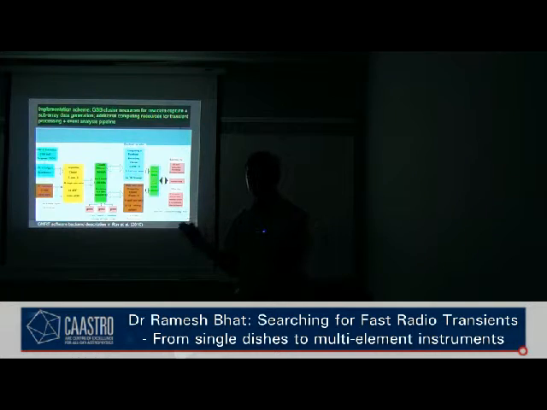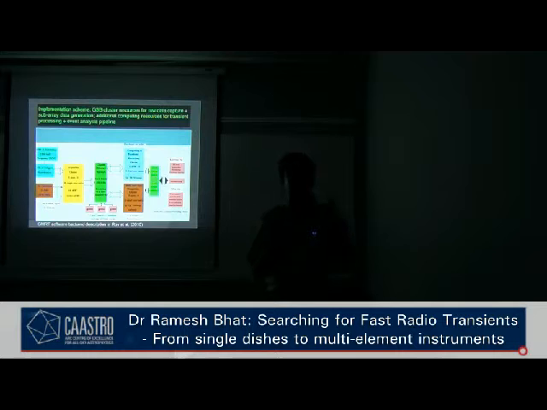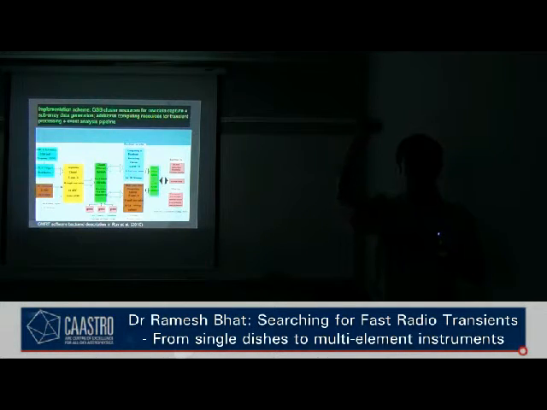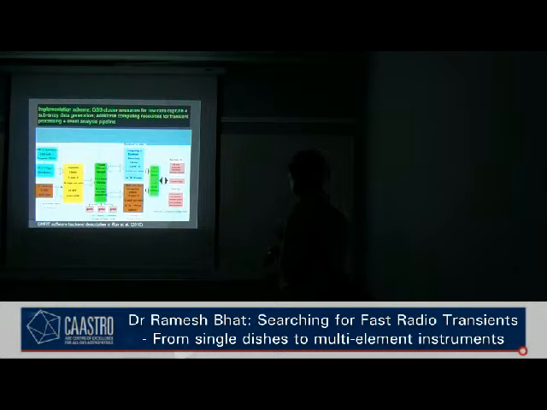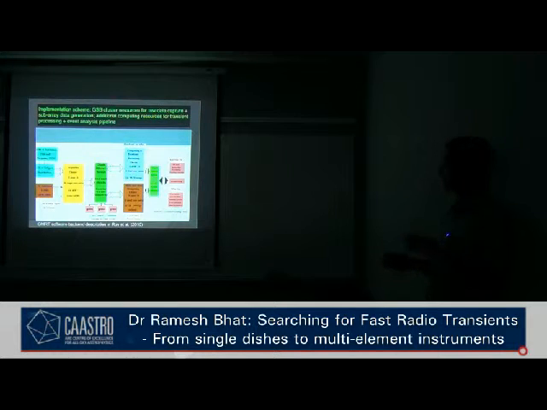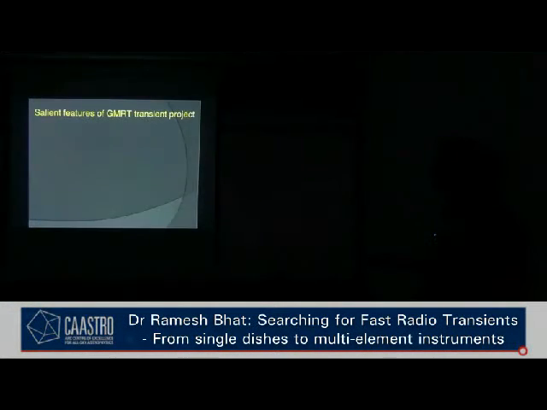In other words, you can do it commensally and in real time. Without any problems, you can generate multiple subarray data streams while the instrument is doing whatever is standard, whatever other observing mode. The idea is that you add on to the transient processing and other resources just to do that. There is a paper that describes the details of the implementation of the software backend.